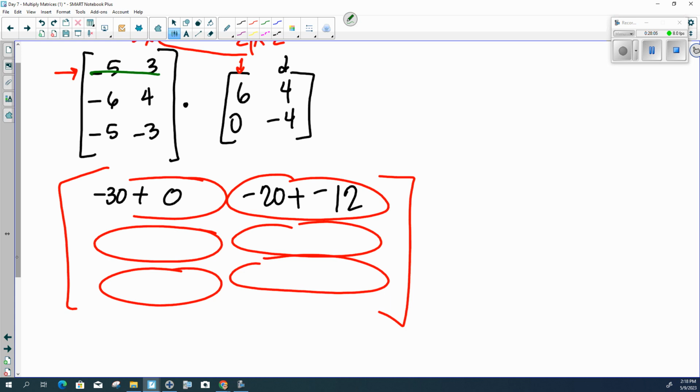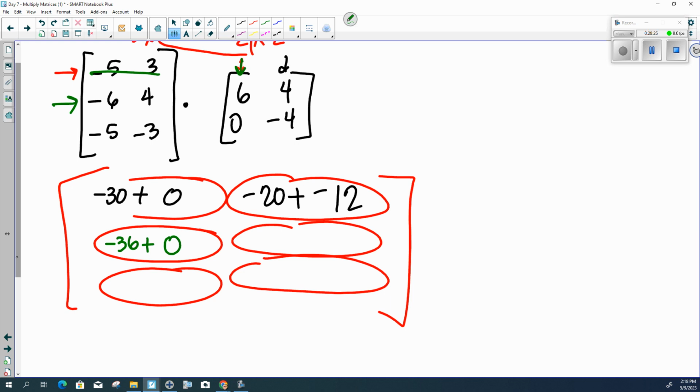I'm focused now on the second row, back to first column. So Martha, what are my numbers that I'm matching up during that multiplication? Okay.